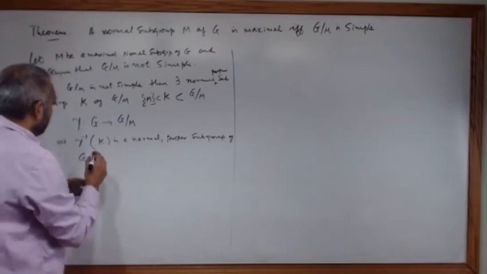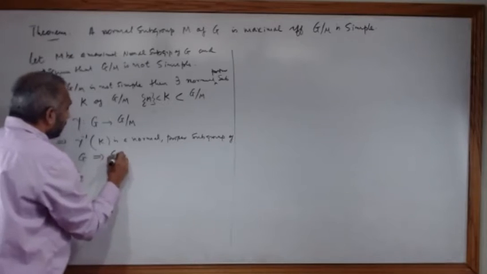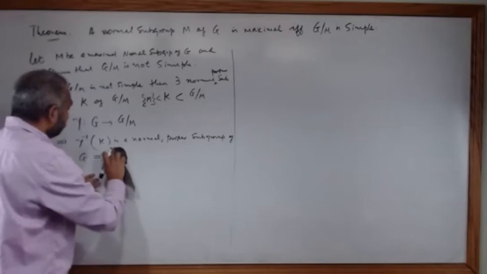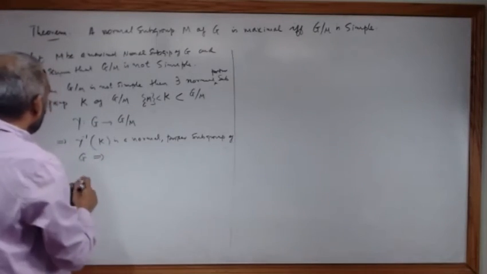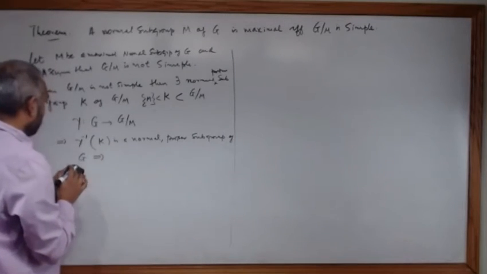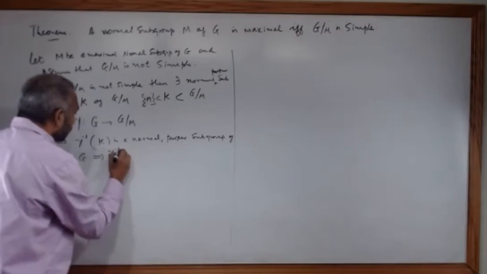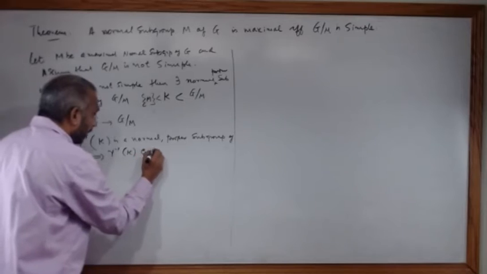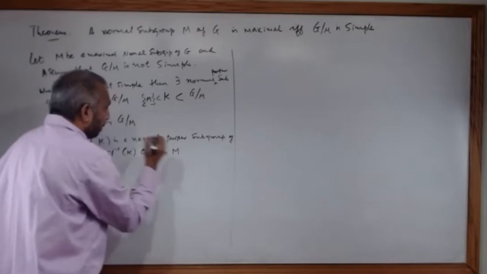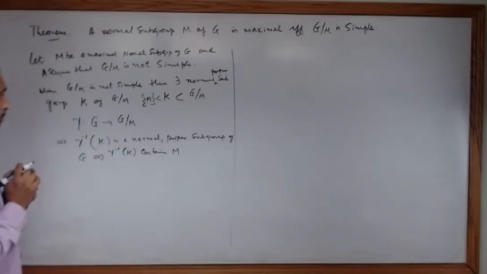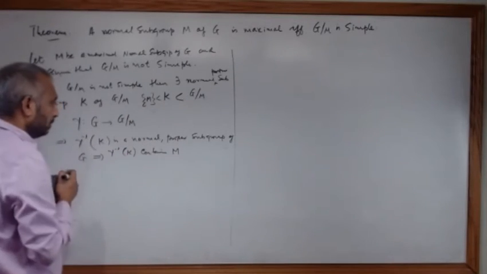So now that implies, and also that implies gamma inverse of K contains M because of this relation.